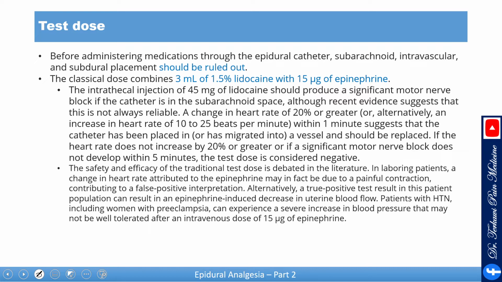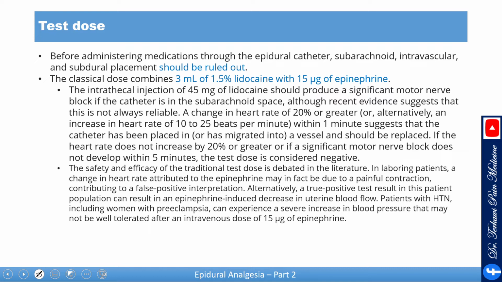The intrathecal injection of 45 milligrams of lidocaine, you know how we get that, should produce a significant motor nerve blockade if the catheter is in the subarachnoid space, right? Although recent evidence suggests that this is not always reliable.